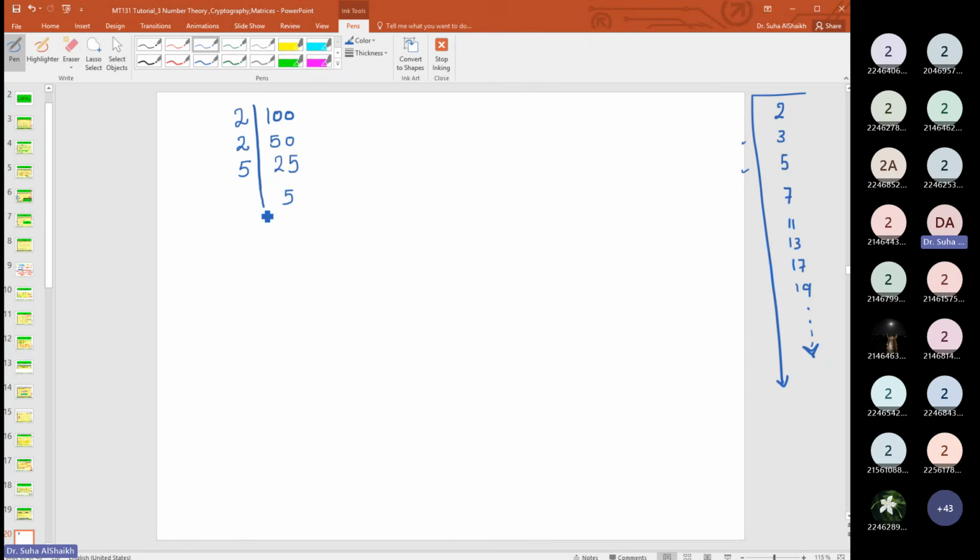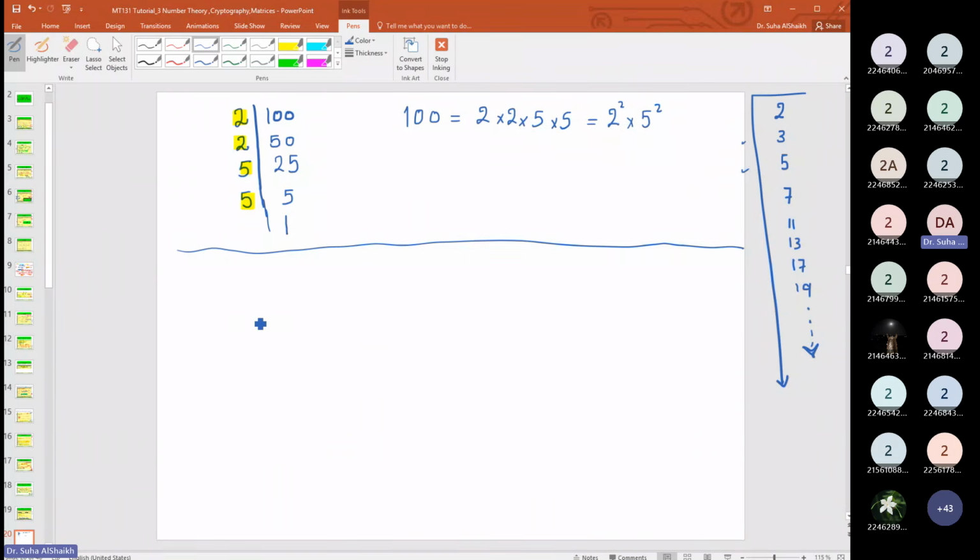And the result is 5. 5 is divisible by 5, and the result is 1. Whenever we reach 1, we stop, and this will be my prime factorization. Take the numbers here: 2, 2, 5, 5. This is my prime factorization. So the 100 is equal to 2 times 2 times 5 times 5. And we write this like this: 2 to the power 2 times 5 to the power 2. And this will be the prime factorization of the 100.